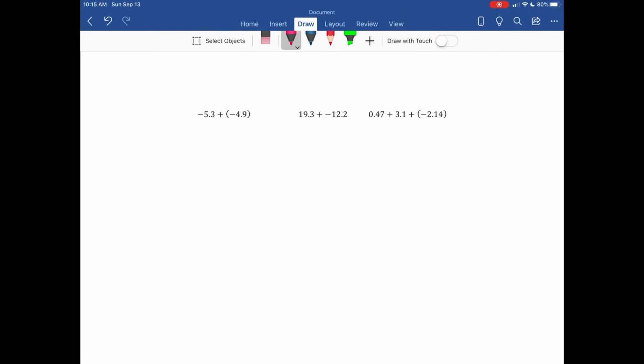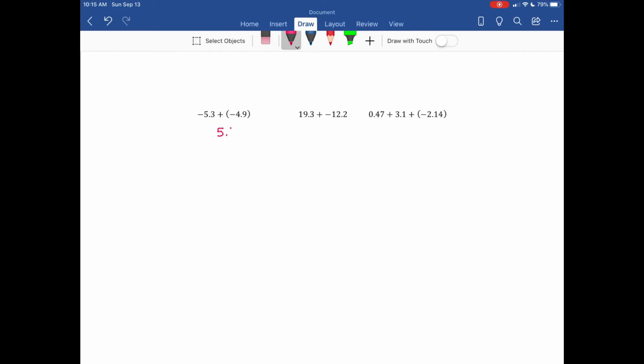Let's polish this off with some decimal practice. So we'll look at the first problem and identify you've got -5.3 plus -4.9, same sign. So now we will add those, and the result will be negative.